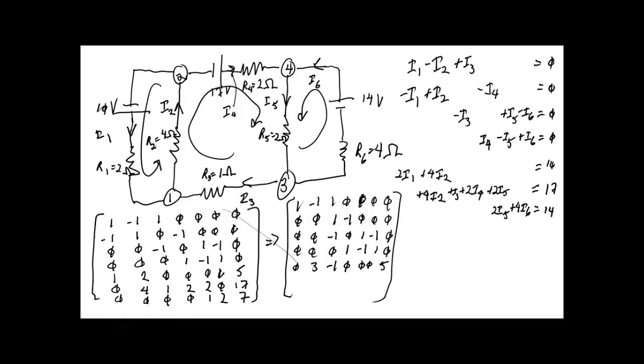And then the next 2 rows are perfectly fine. 0, 4, 1, 2, 2, 0, 17. That looks out of place, doesn't it? And a 0, 0, 0, 0, 1, 2, 7. Okay.